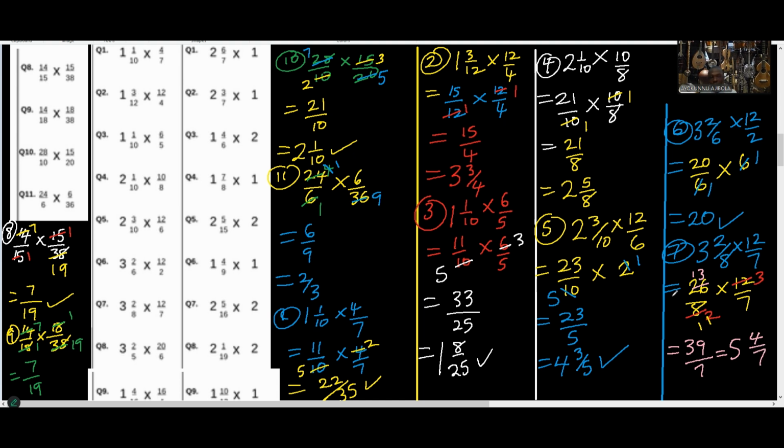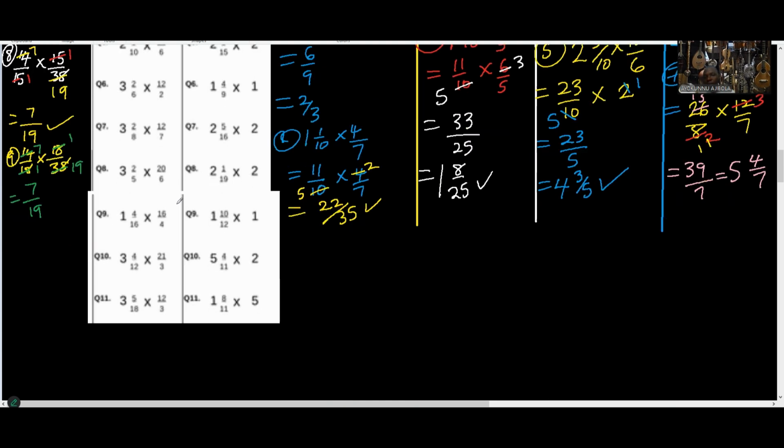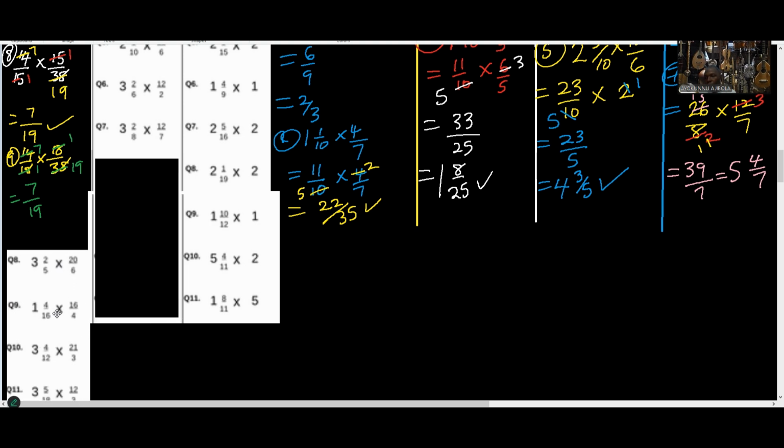Is this clear to you? Yeah. Then let's go to the next page, which is from number 8 to the bottom. It should now remain only one column. So question 8, we have 3 whole number 2 over 5 times 20 over 6.